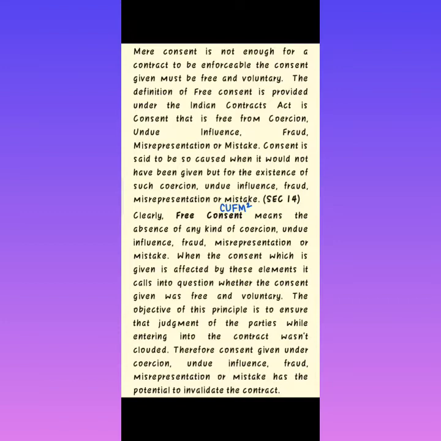Now, students, remember one thing: if a contract is otherwise valid, it cannot be declared void just like that by going to a court. The court cannot even declare a valid contract void just like that. Similarly, if a contract is void, then one need not wait for a court to declare it void.